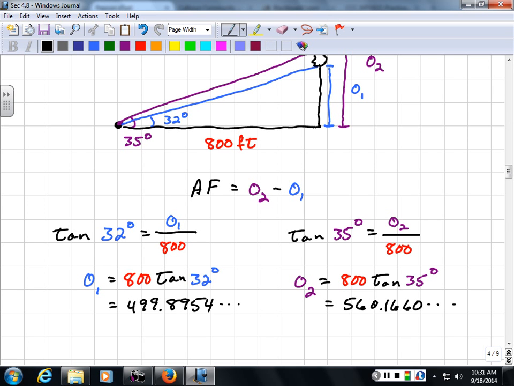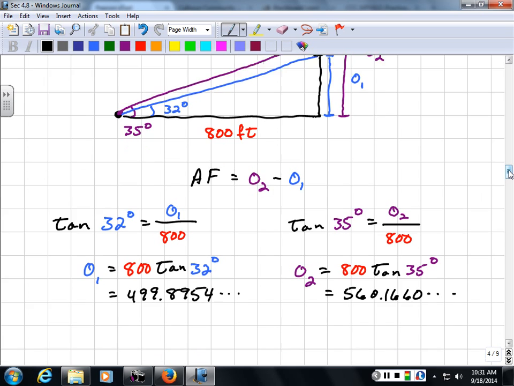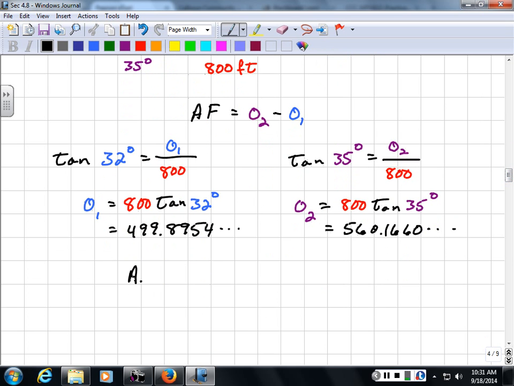What I should do, in order to get it as accurate as possible, is write it like this. The height of Abe's face is going to be equal to, and this is what I was trying to do originally, 800 times the tangent of 35 degrees minus 800 times the tangent of 32 degrees.